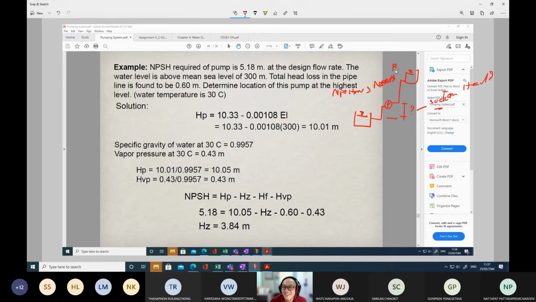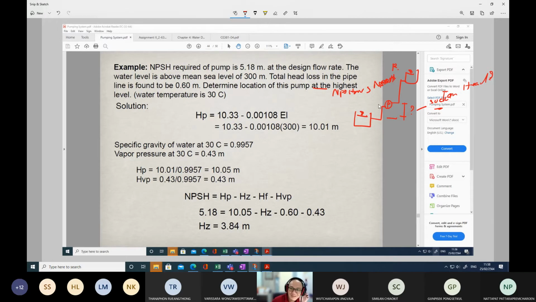So it can be at any level as long as the NPSH available is greater than the NPSH required. That is why this question is asking for the location of the pump at the highest level.